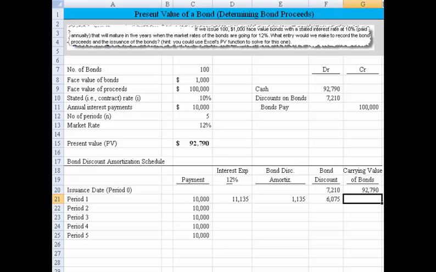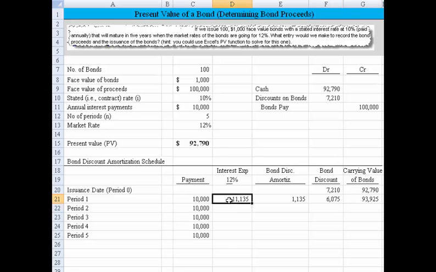And of course, once we know what the ending bond discount is, then we can determine the carrying value by taking the previous carrying value amount and adding the dollar amount of the bond amortization. Remember, with a discount, the carrying value of the bonds will go up over time. With a premium, the carrying value will go down.